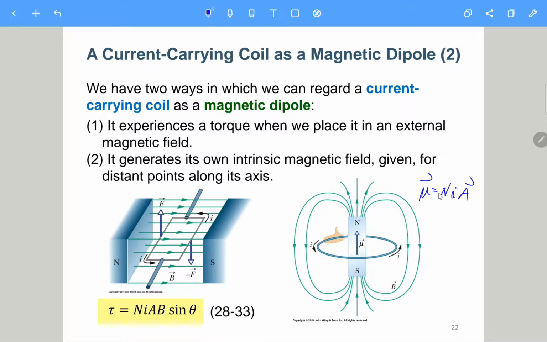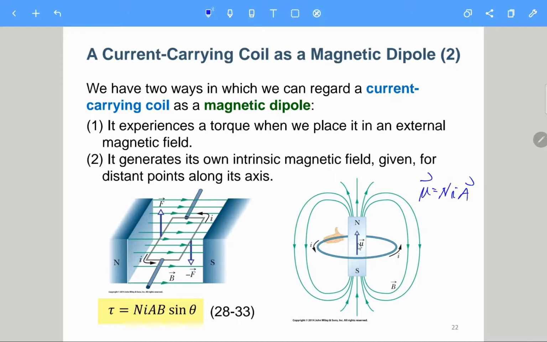N is the number of turns. You can put more turns so that the magnetic dipole moment will be larger, or you can change the current to be larger or smaller, and then you can tune the magnitude of the dipole moment. Or you can change the area of the loop: a smaller loop gives a smaller magnetic dipole, and a larger loop gives a larger dipole moment.